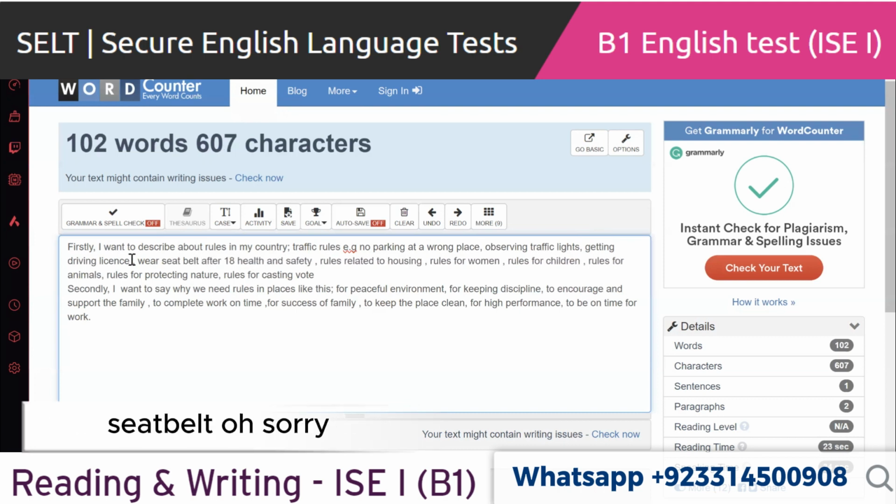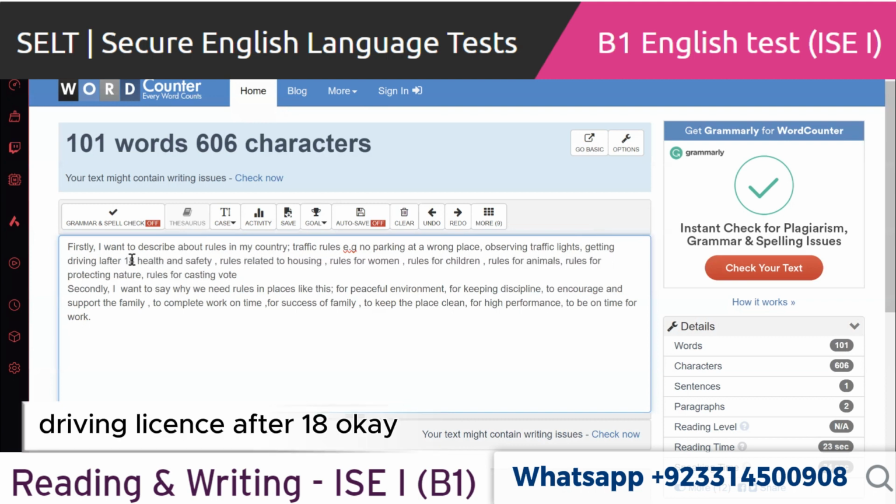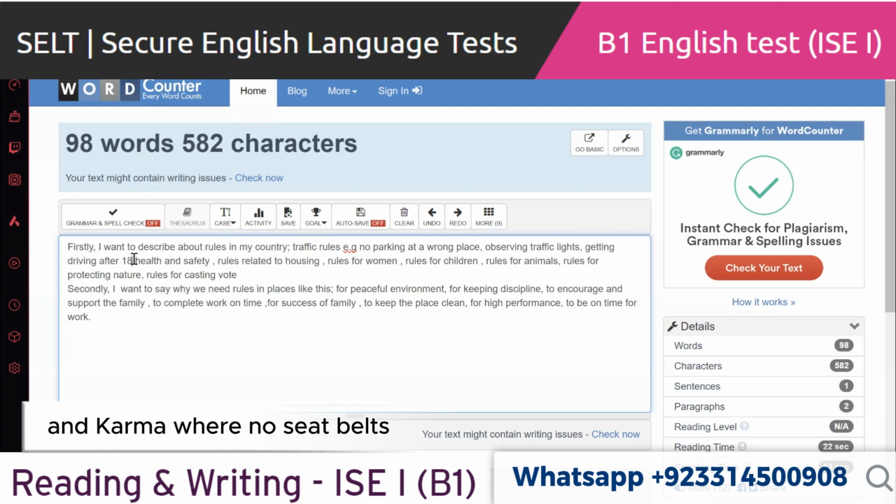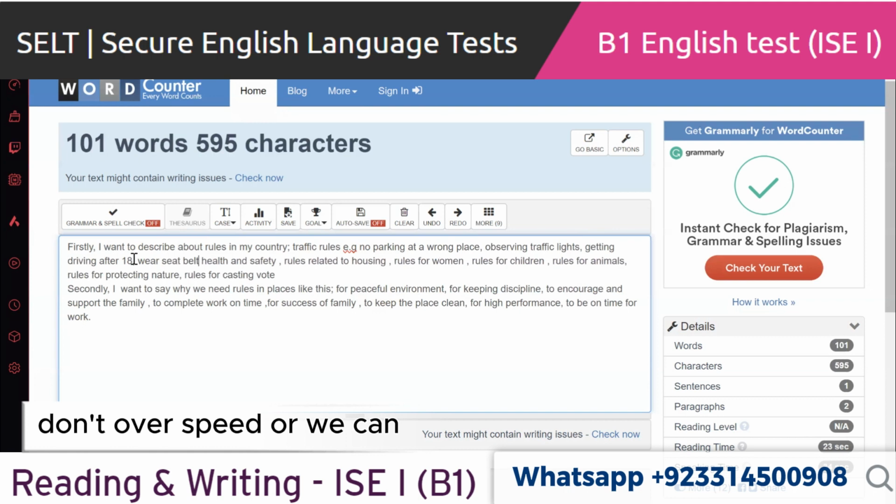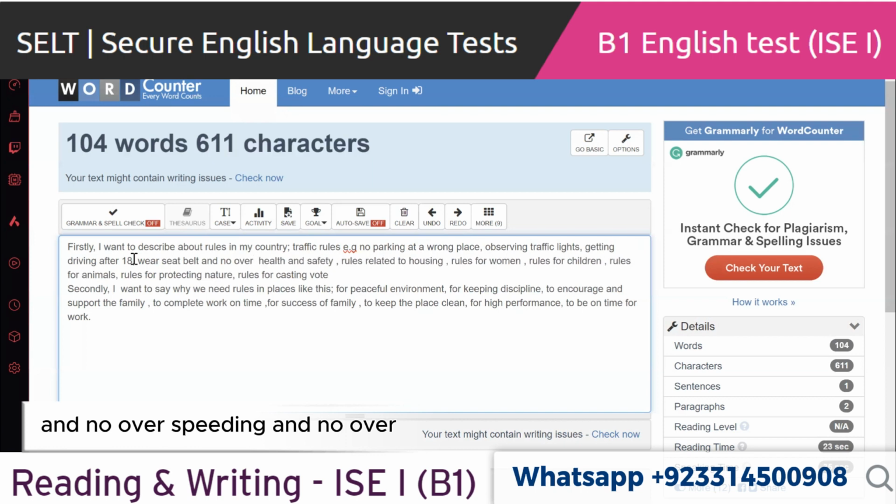Driving license after 18, wear seat belt, don't overspeed, or we can say no overspeeding.